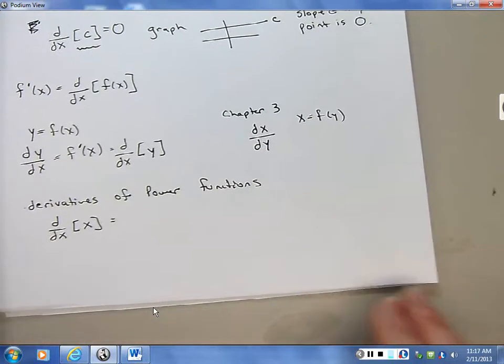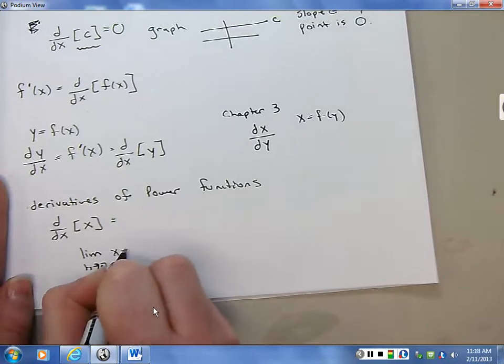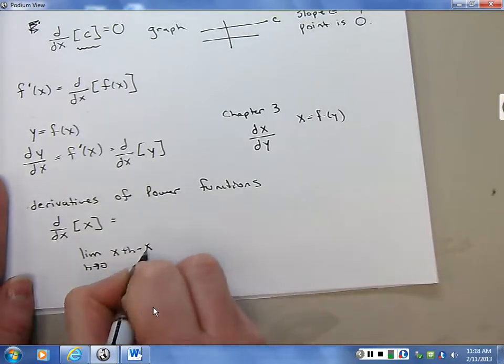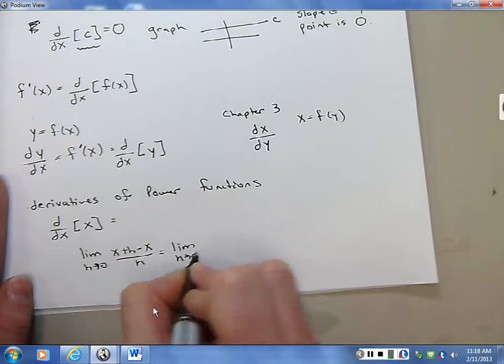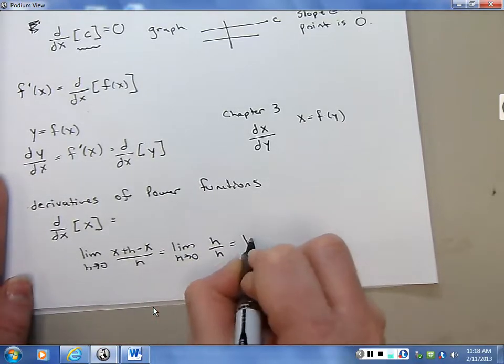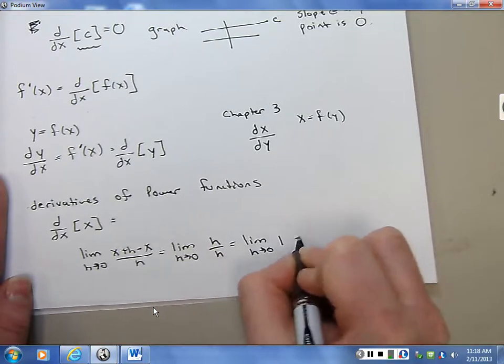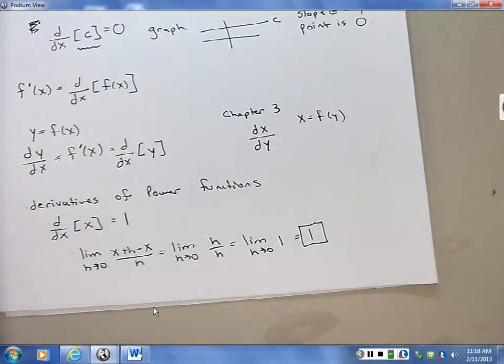We could use the limit, take the limit as h goes to 0 of x plus h minus x over h, which would be the limit as h goes to 0 of h over h, which would be the limit as h goes to 0 of 1, which would be 1. Turns out the derivative of the function x is 1.